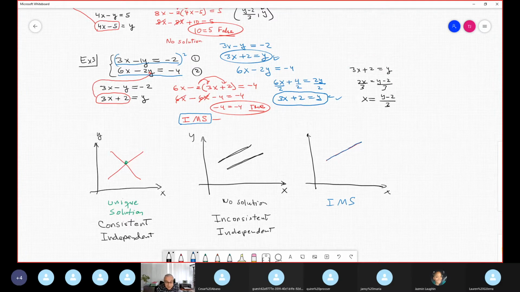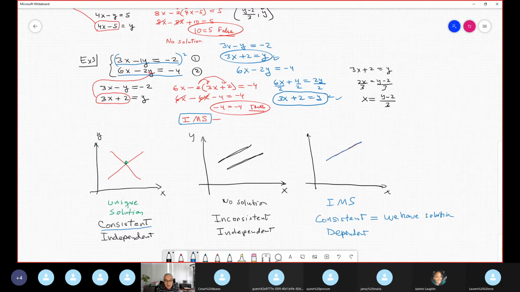This system is consistent. Remember, the word consistent indicates that we have a solution. The word inconsistent means we have no solution. And this one is totally dependent because we have the same graph.